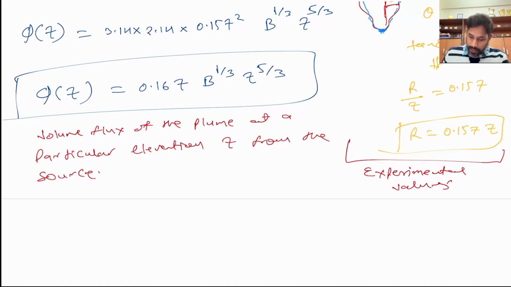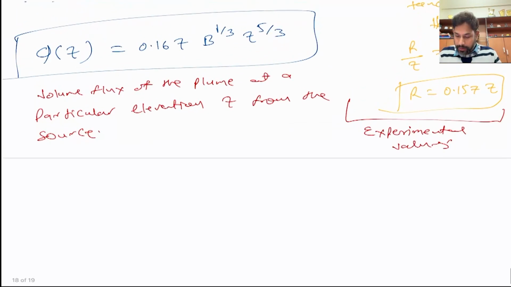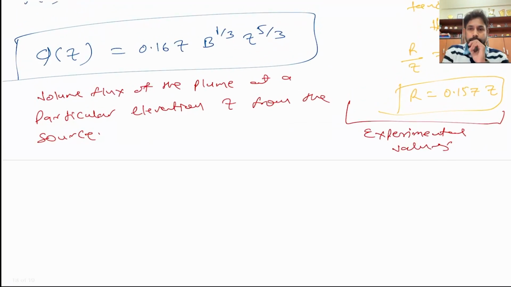All right, and now we know the volume flux, we can also find the reduced gravity and the radius of the plume. So radius we already defined, we now want to define the reduced gravity. And one thing you see here is volume flux is actually increasing with z, it's increasing with 5/3 power of z. Why? Because there is continuous entrainment into the plume from the ambient.